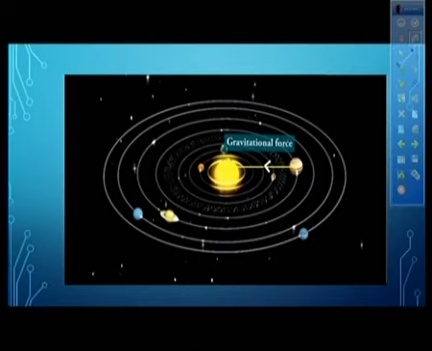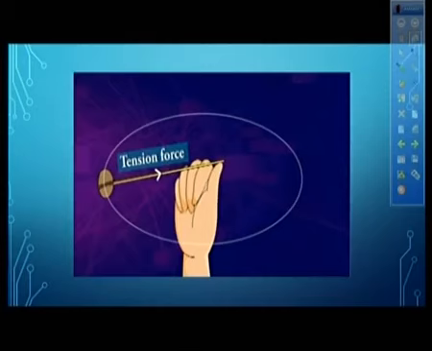Why does the moon, revolving around the earth, not fall onto the earth? Because that gravitational force is used to provide the necessary centripetal force so that the moon undergoes circular motion. And if gravitational force is not present, then there are some other forces.